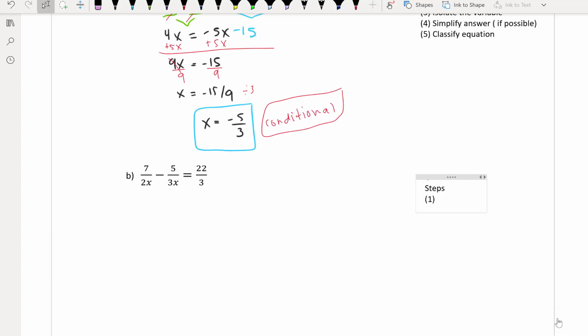So steps for this fraction, what I want to do is make sure that I find my LCD. So I need to find the least common denominator. When I'm looking at this, I have a 2x and a 3x and a 3. So my LCD here is going to be a 6x.